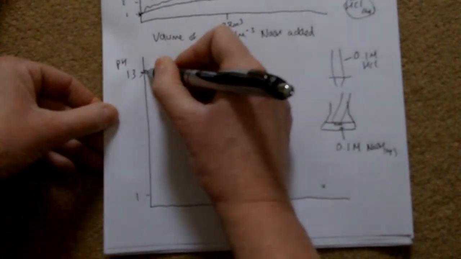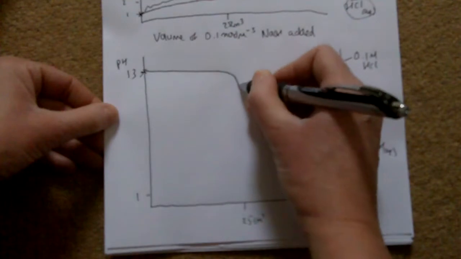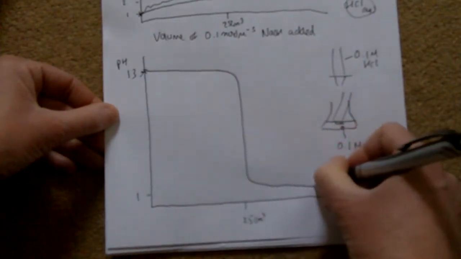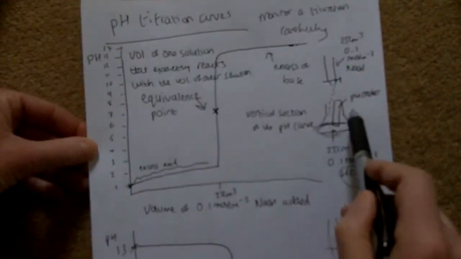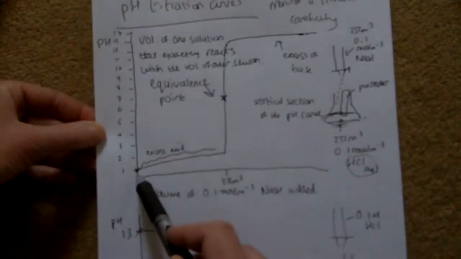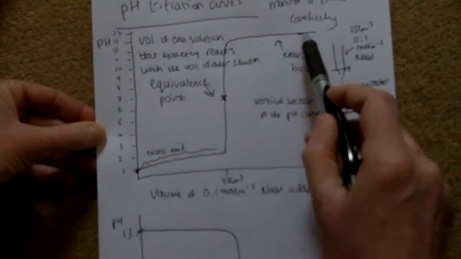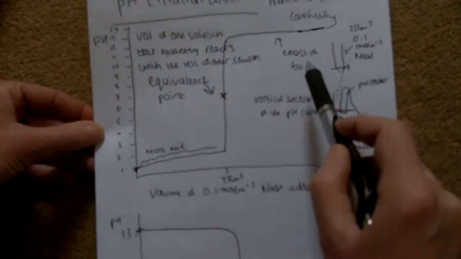So you would start high, and then you come down to 25, then you drop considerably, and then you would go along like that. So you've got to be flexible. You've got to check what's in the conical flask. That's your starting point. And then when you are dripping in the acid, what's your finish point?